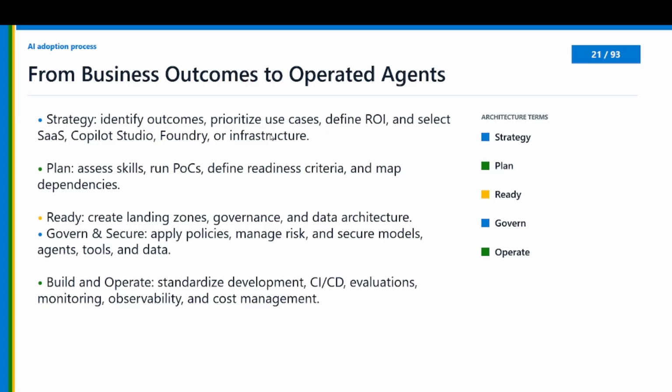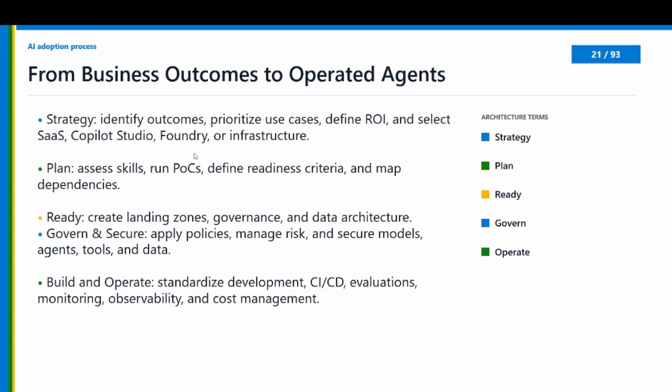Identify outcomes, prioritize use cases, define return on investment, also define total cost of ownership, define strategic risk mitigation, and secure adoption. Secure adoption, very, very important. Select the SaaS solution, software as a service, that you want to build. Select the platform that you want to use, whether Copilot Studio, if the agent is simple and you want to integrate with Office 365 and Copilot.